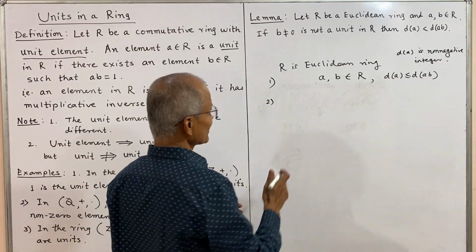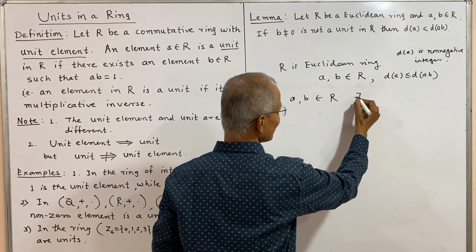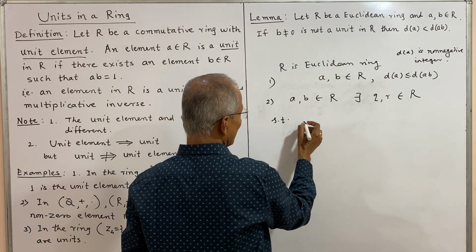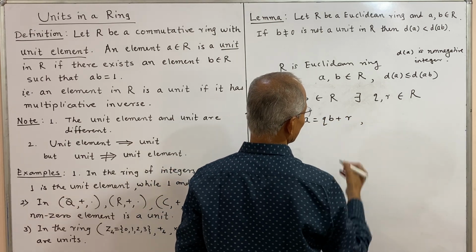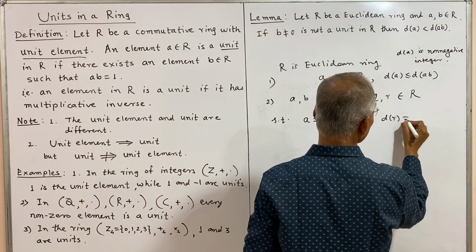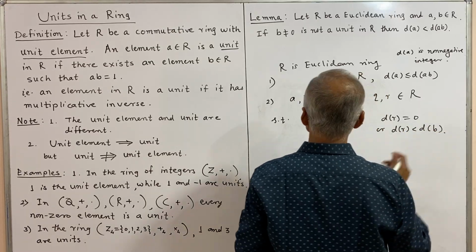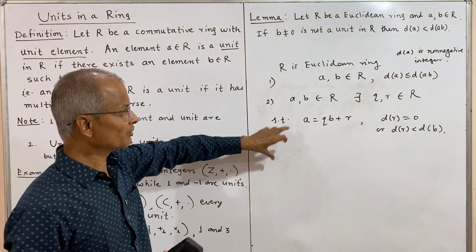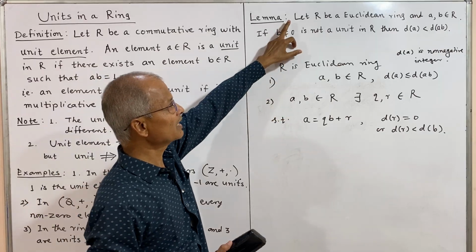The second is: for A, B elements in R, there exist other elements Q and R belonging to R such that A is written as QB plus R, where R is the remainder, and the D value of R is 0 or the D value of R is less than the D value of B. So this is the definition of Euclidean ring that we have studied in our earlier lectures. You may refer to that, and we are going to use the first condition to prove this lemma.